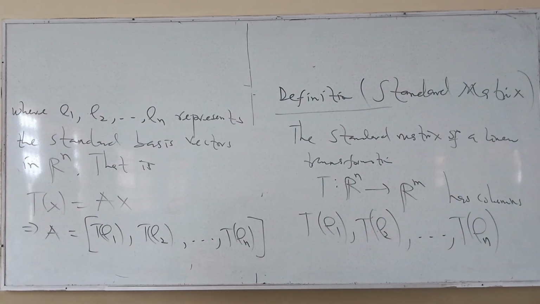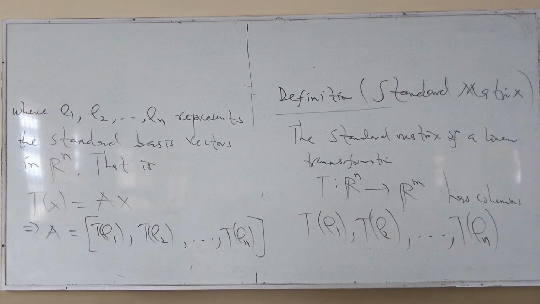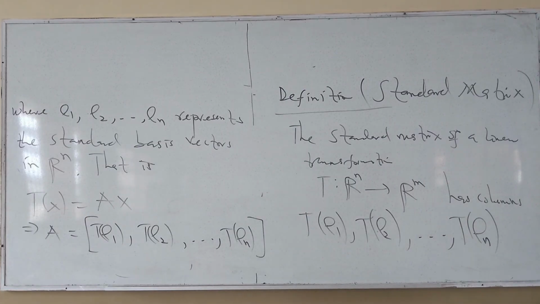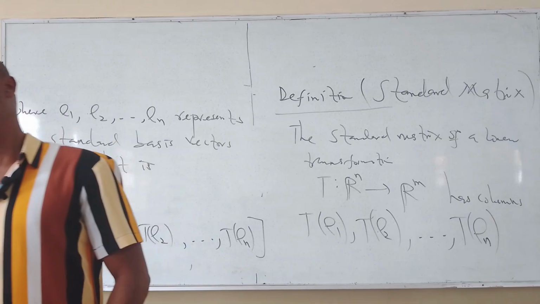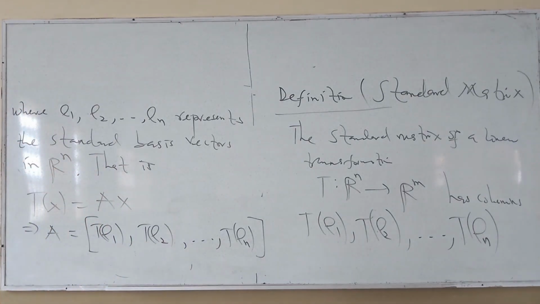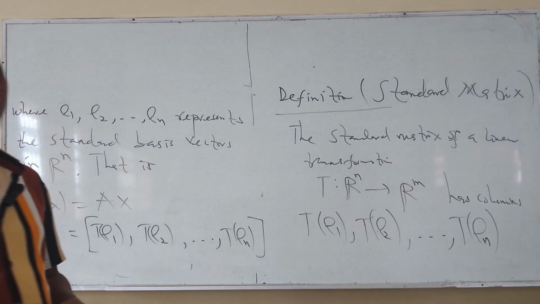So u1 means that the first entry is 1, the rest are zeros. u2 means the second entry is 1, the rest are zeros. u3 means the third one is 1, the rest zeros. u4 means the fourth one is 1, the rest zeros. Okay, good.